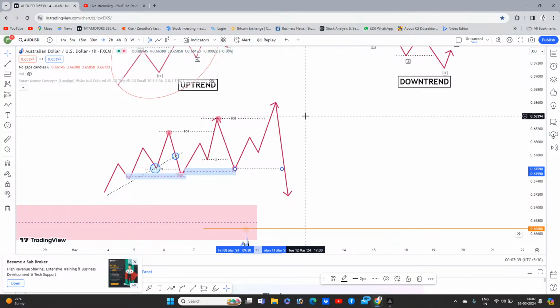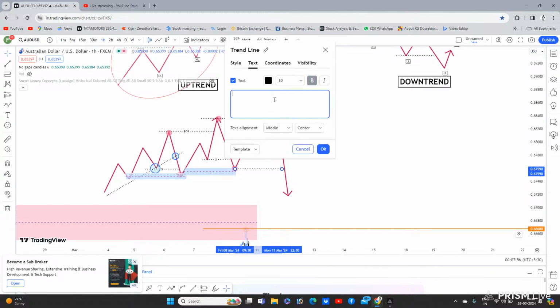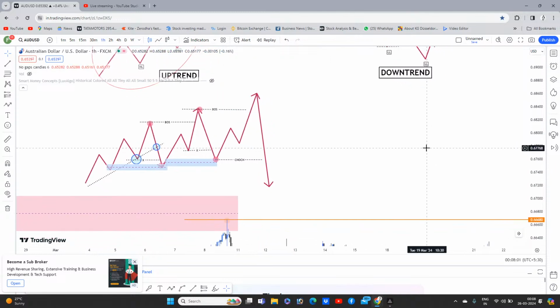I'm not saying that the market should break the last higher low point. No, I'm not saying that. I'm saying that the market needs to break the last swing point. And when the market breaks the last swing point, then only we can say that the market has changed its character, and we can anticipate that the market may go down from here.